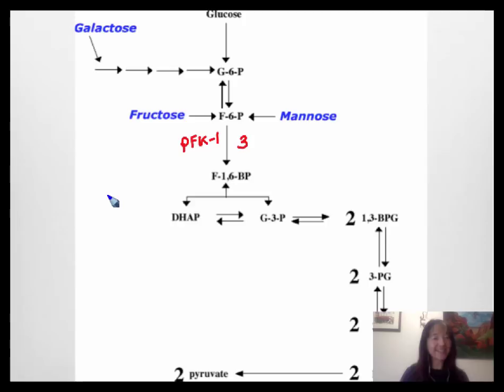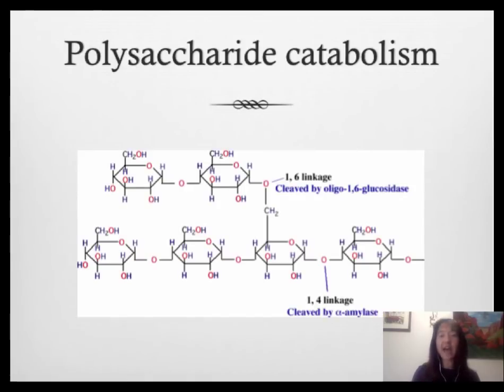So we also should take a look at the fact that not all sugars, of course, hopefully your diet is not filled with only monosaccharides, and instead you also have a great deal of complex carbohydrates in your diet. And so those complex carbohydrates likewise can add into the catabolic pathways. This requires the synthesis of enzymes that will cleave the glycosidic linkages within the polysaccharides.